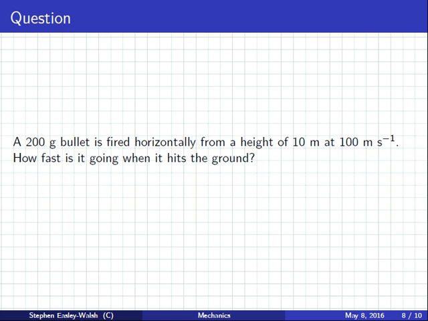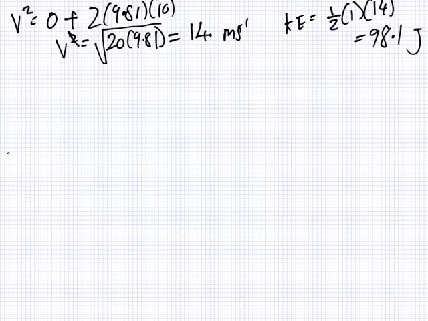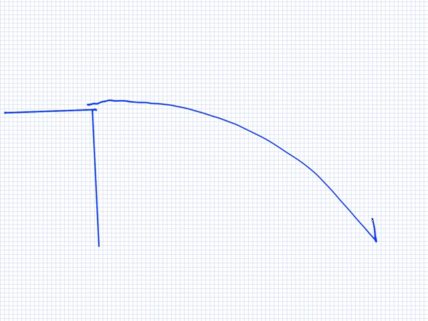Previously in physics, you remember we did the question starring Thelma and Louise, where they drive their car off the cliff at the end of the movie. The car moves horizontally and then it hits the water, and we want to know how fast it is going when it hits the water.